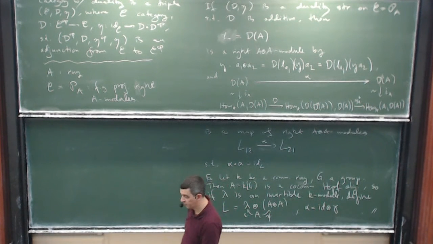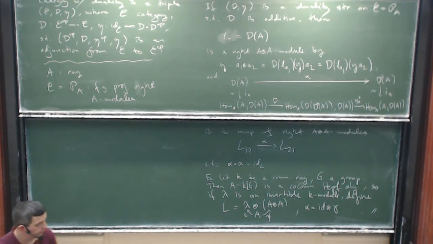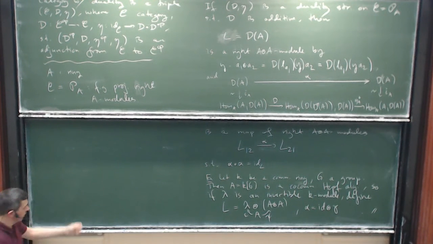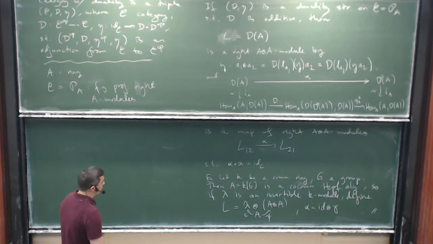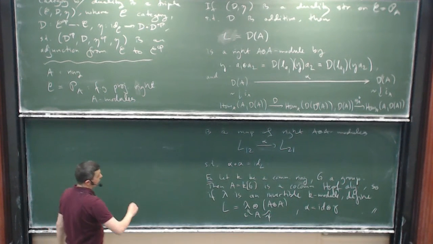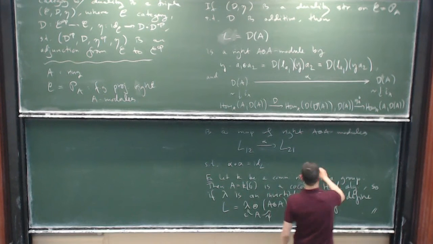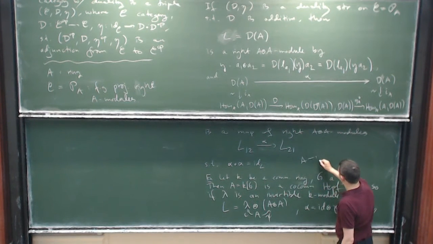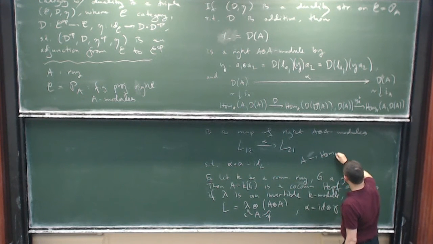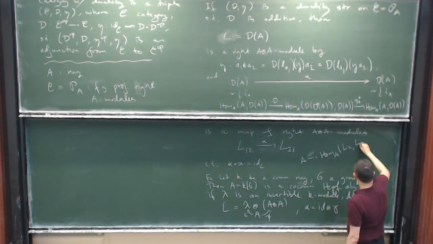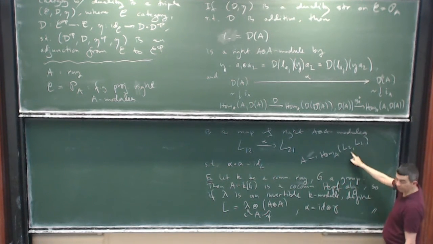Well, there's one thing I didn't say, which is that this alpha gives you a map in general from A to Hom_A in where you use one structure.